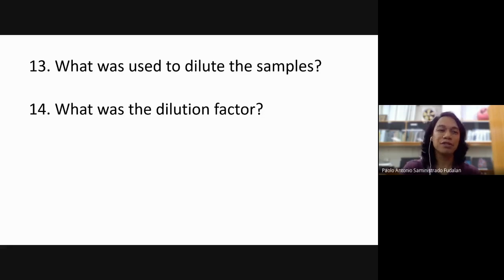Okay. So you needed, for example, if you prepare 50 microliters, you need 1 microliter from your sample and 49 for the diluting agent, for the buffer.